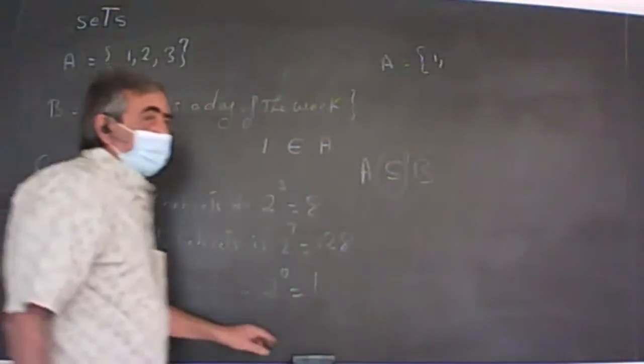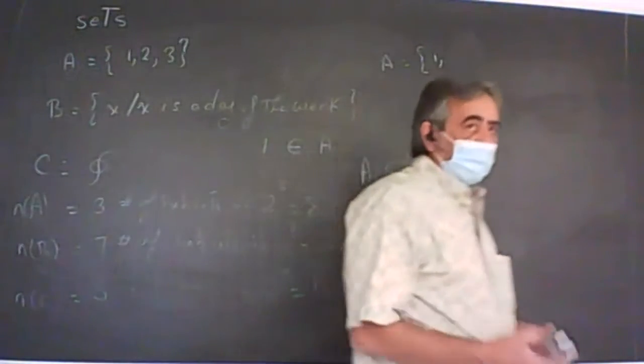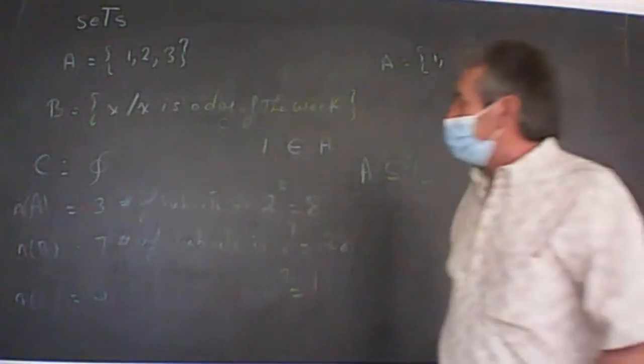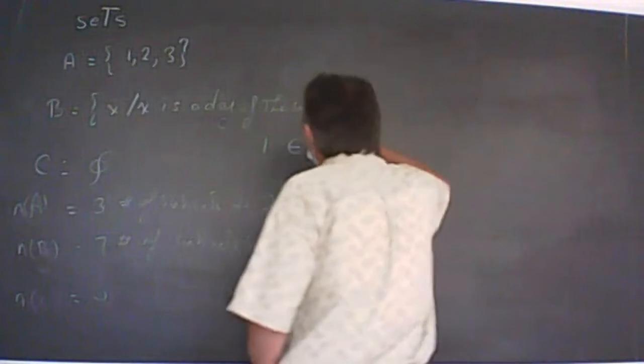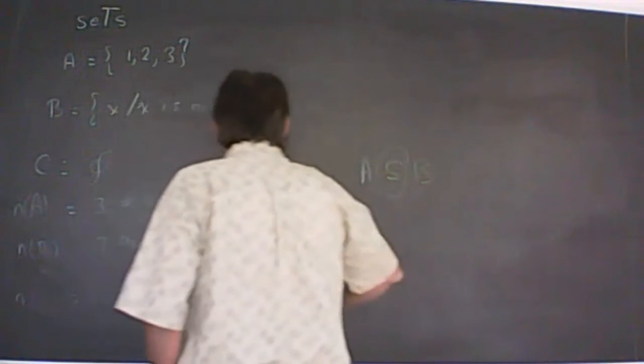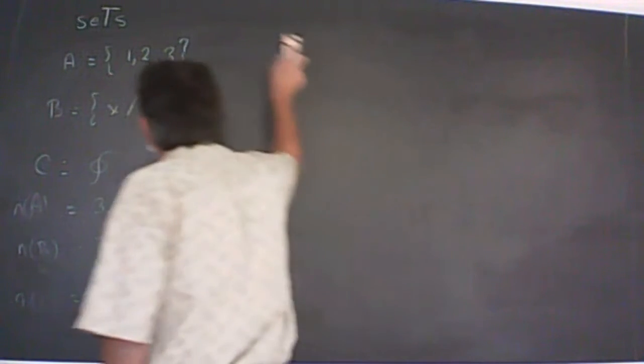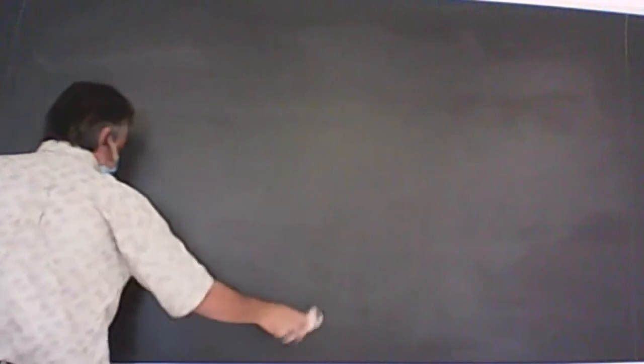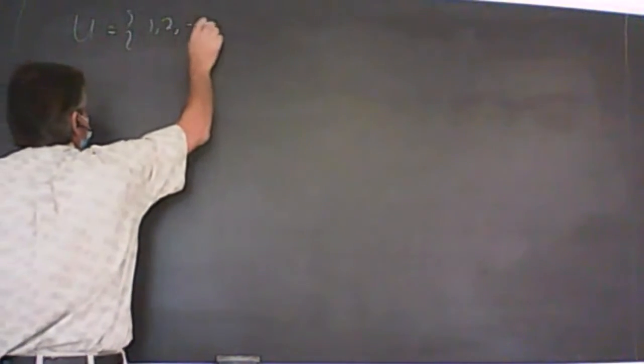We use what we call a Venn diagram to represent some sets. Let's go ahead and take a look at some Venn diagrams. What do we mean by that? Suppose we have the following sets. The U set is the numbers 1, 2, up to 10.